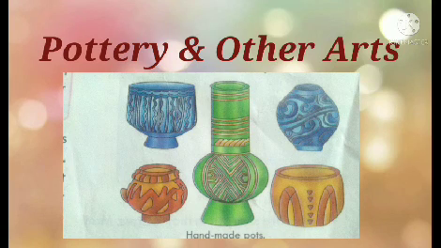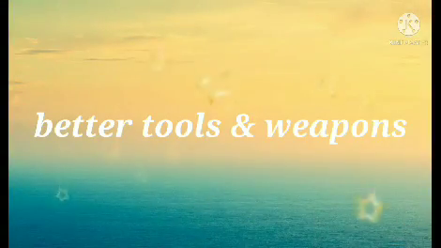But soon he found that these pots could be baked on fire to make them stronger. Handmade pots were used for quite some time. Later, he invented the potter's wheel to make better pots of different shapes and at a faster speed.